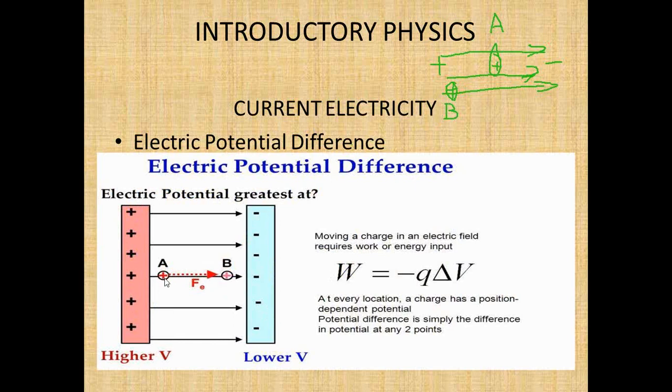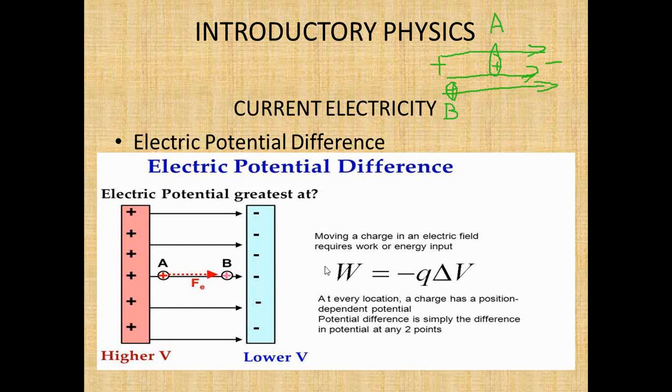So once you release your positive test charge, it's going to naturally move in this direction from the high potential terminal to the low potential terminal, because it's just like you're lifting an object and putting it on a hill and it rolls down. The natural tendency for that object is to roll off the hill because the Earth's gravitational pull is going to pull it downward.